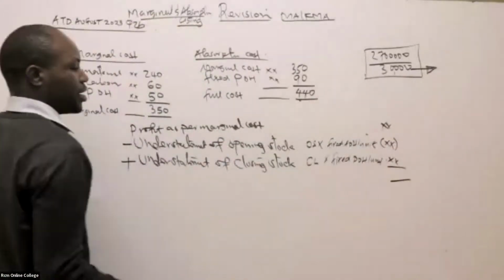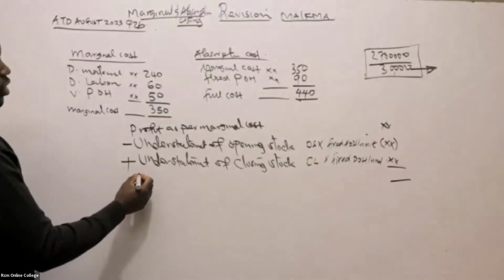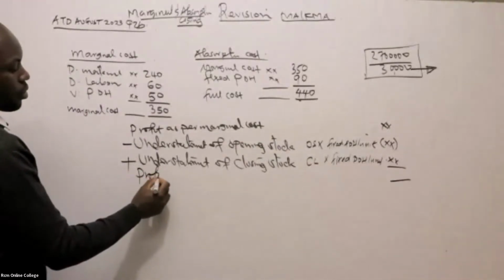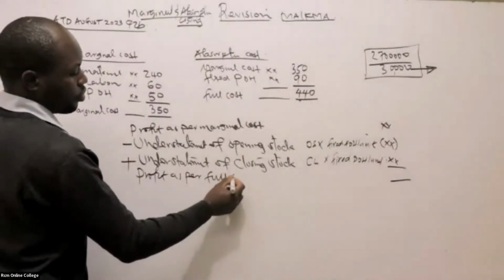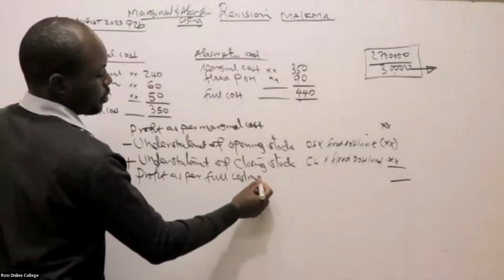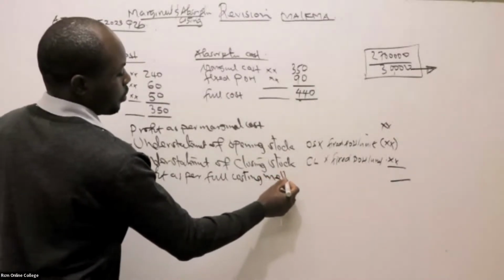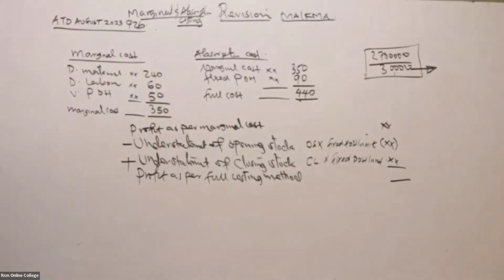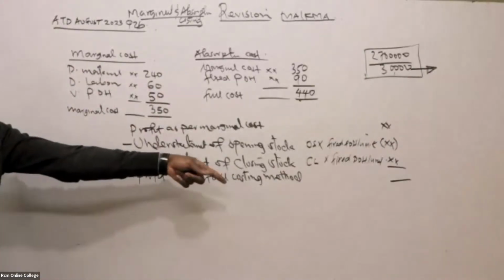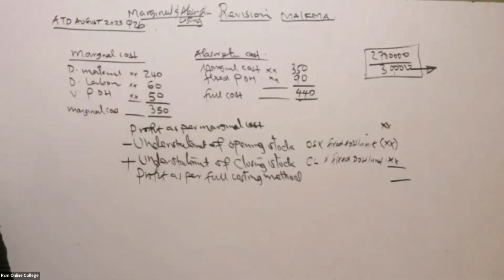Once you adjust that, whatever you'll be getting will be your profit as per full costing method, which is the absorption costing method.